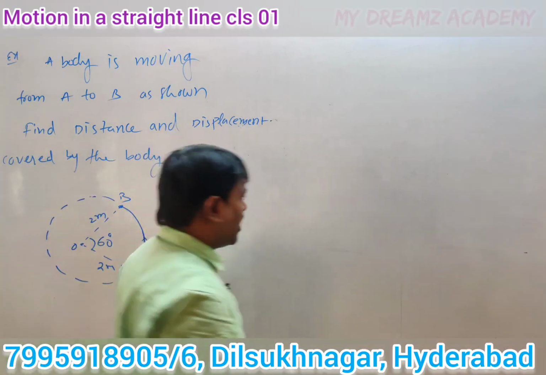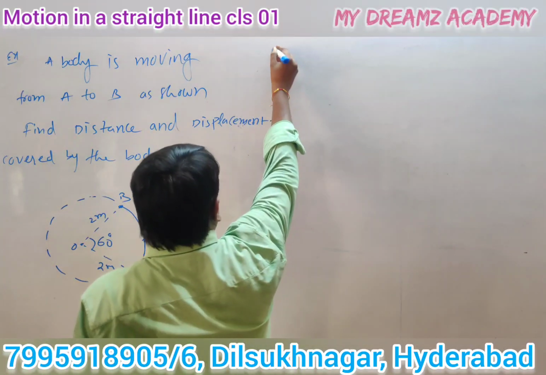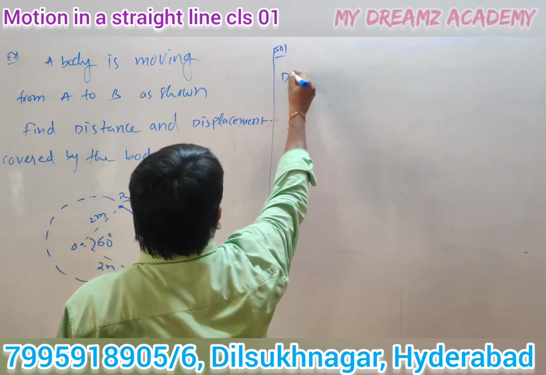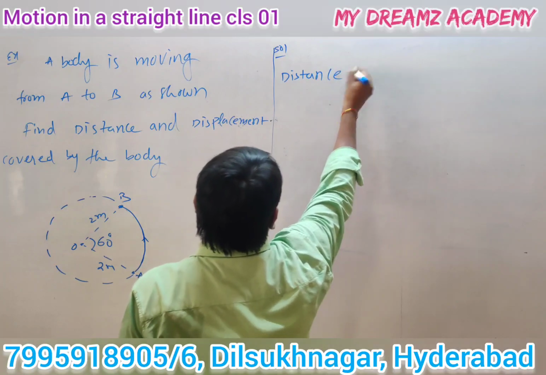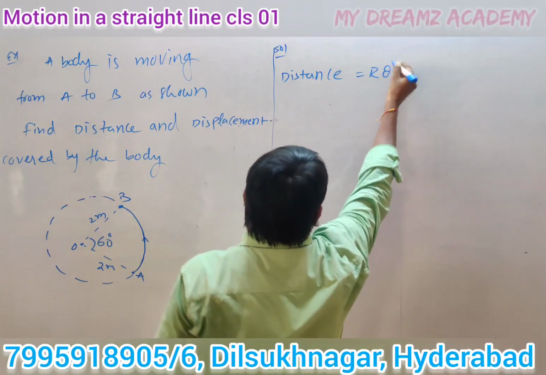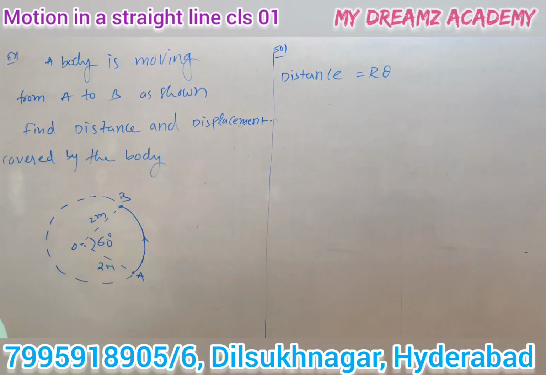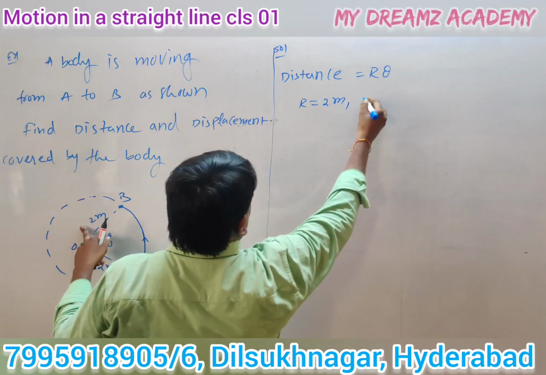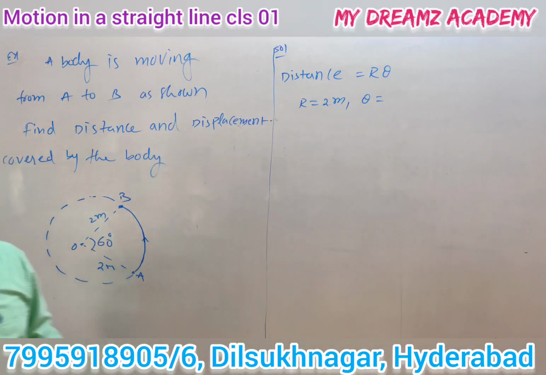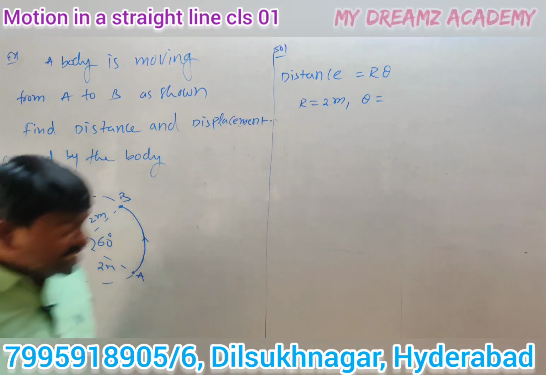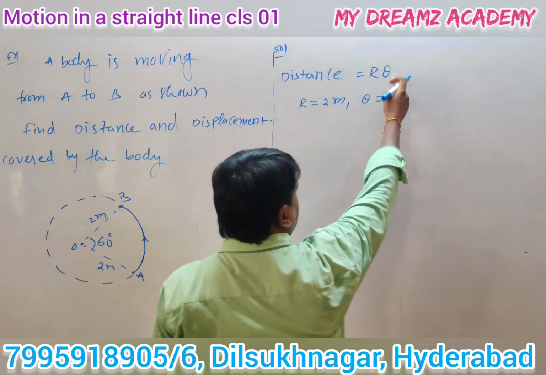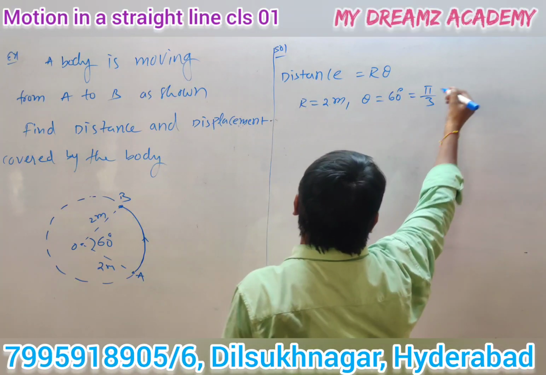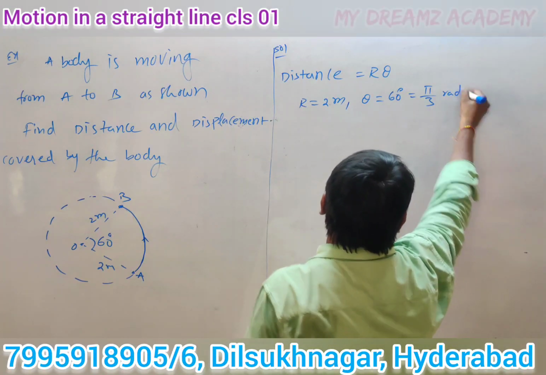In this case, we have already derived the formulas. When the body is moving in an arc, the distance formula is r theta. What is the r value? The given radius r equals 2 meters, and theta, the angle made by the arc, is 60 degrees. Here theta should be considered in radians. 60 degrees equals pi by 3 radians.